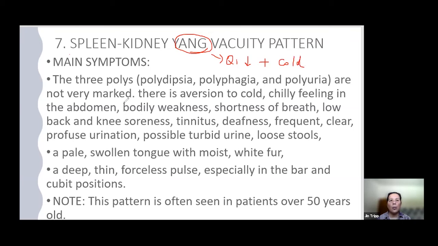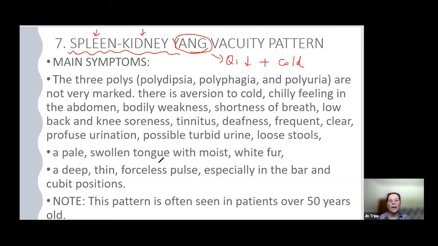And all our body yang is controlled by the spleen and the kidney. So that's why we put spleen and kidney together here. But truly, clinically, sometimes people have more severe spleen yang disease. Some people may have more severe kidney yang disease. So we need to see what the symptoms are.